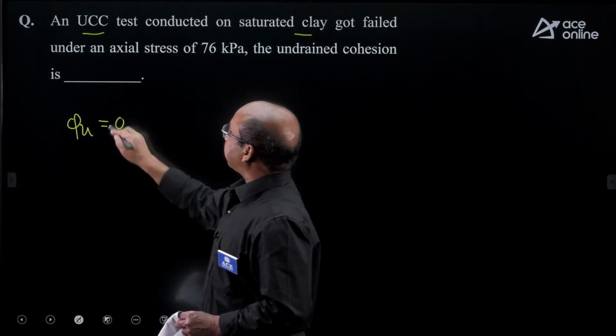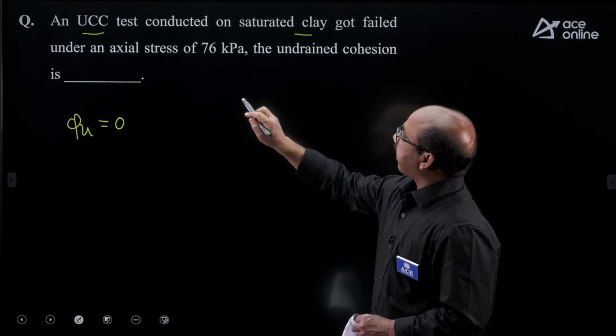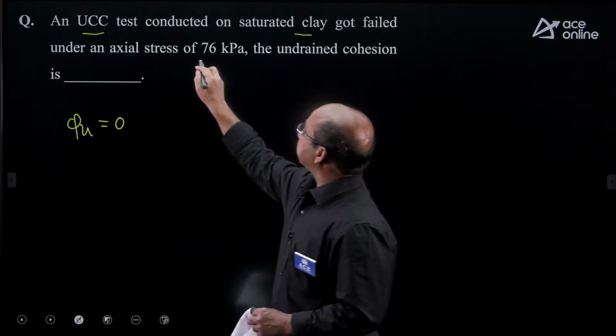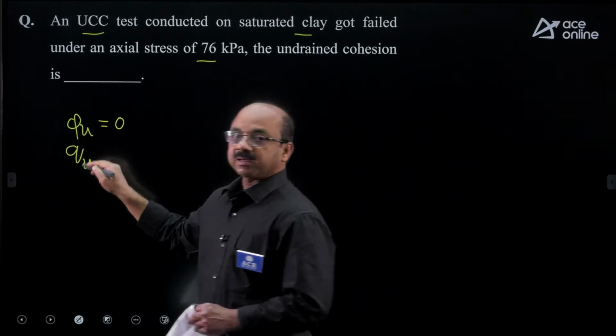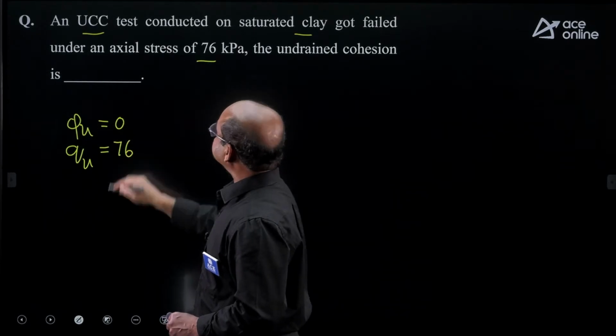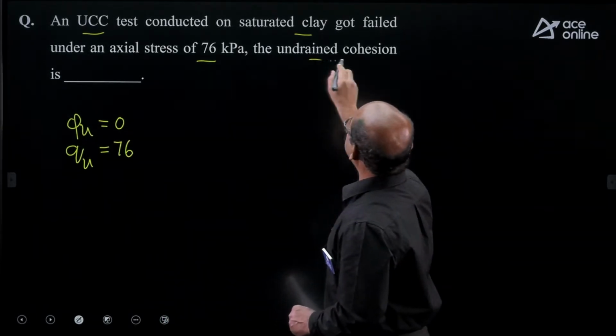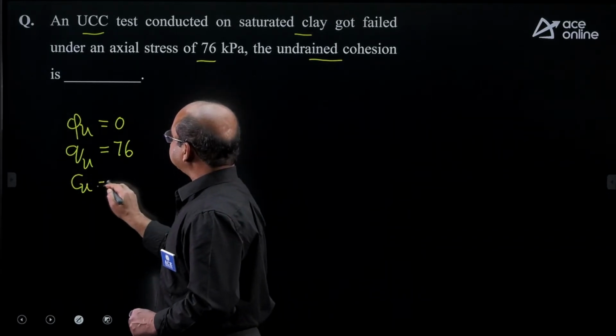The undrained friction angle you can take as 0 because the clay is saturated. It failed under an axial stress of 76 kilopascals. So you are given qu, the unconfined compressive strength, as 76 kilopascals. The question here is, what is the undrained cohesion? You are asked to find the Cu value.